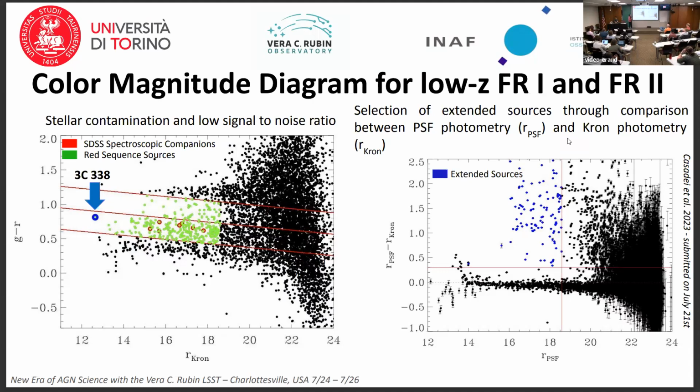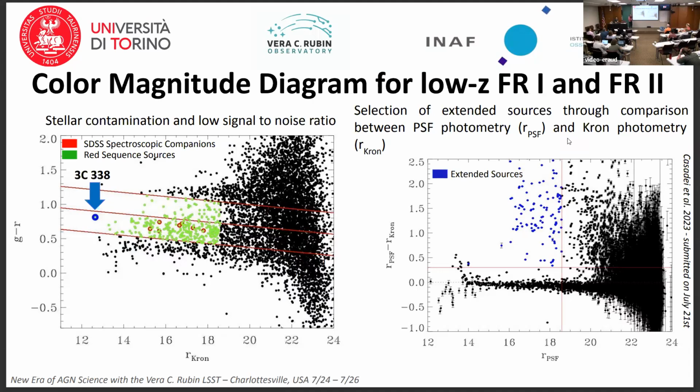So if you want a more accurate estimation of the magnitude, you have to use the Kron estimation. Comparing the two, we can see that the galaxies populate a well-defined region in the diagram.